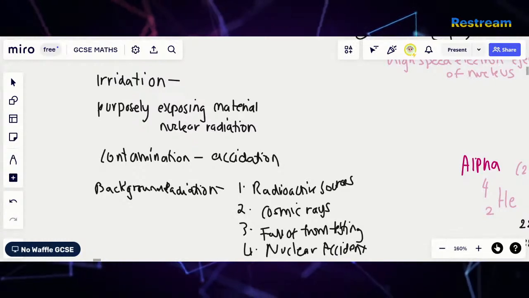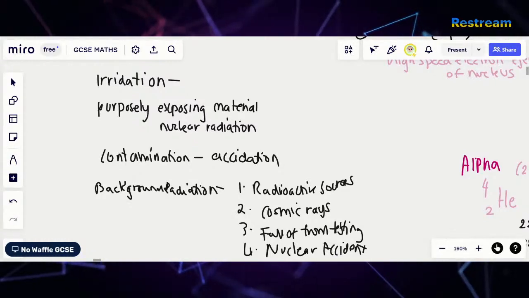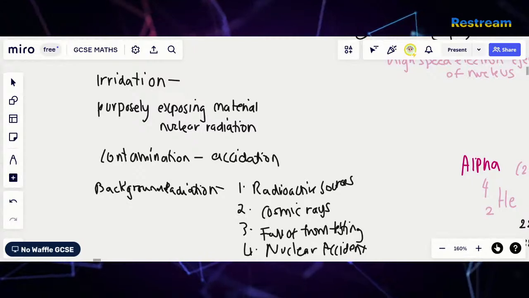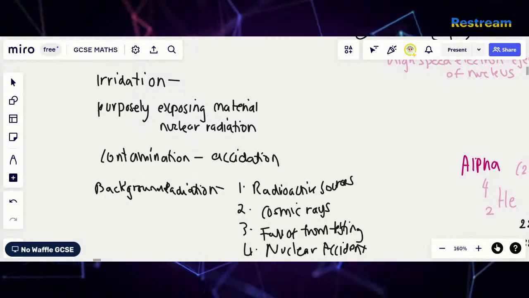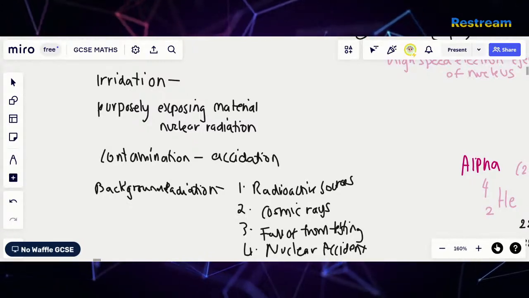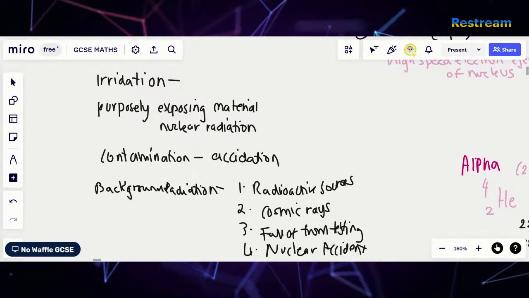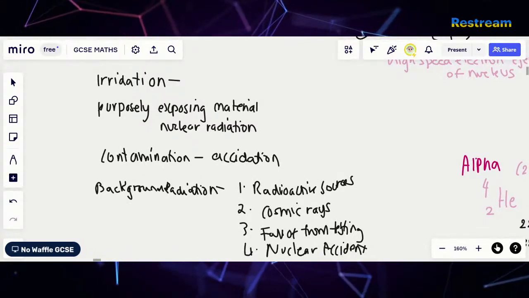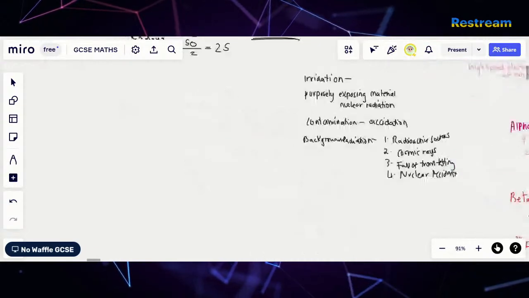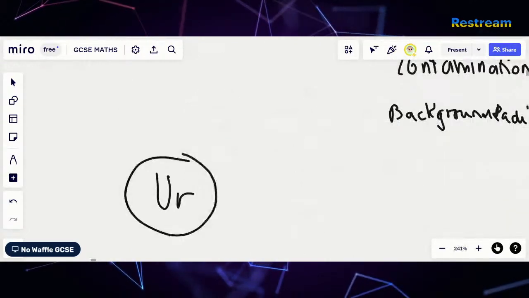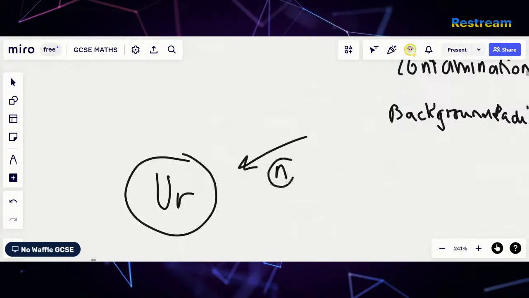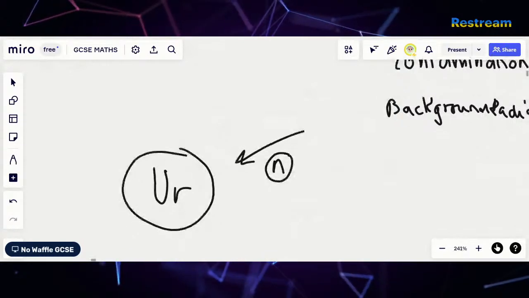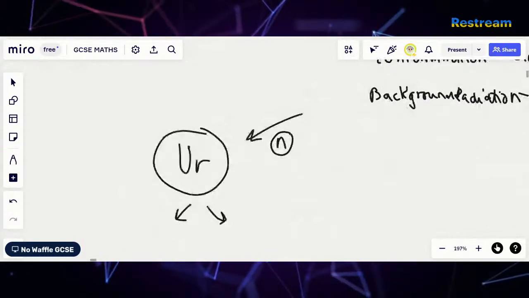And finally, fission and fusion. So in nuclear fission, the nucleus splits, and this is caused by a neutron. So, for example, we have uranium here. In fission, a neutron is hit at it, and it then splits.